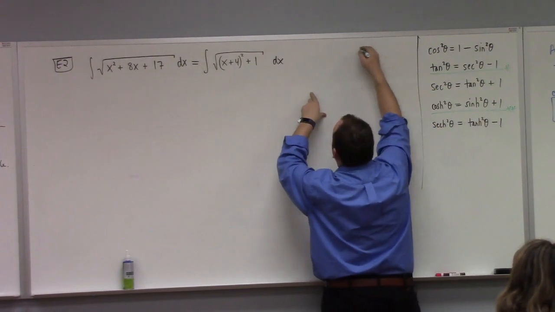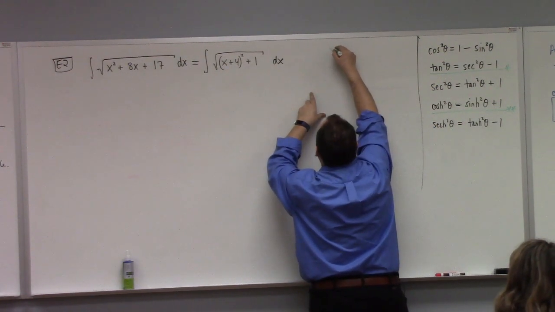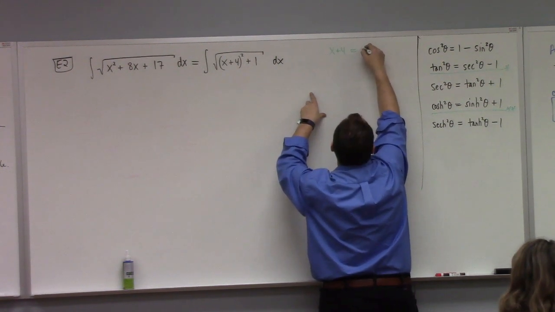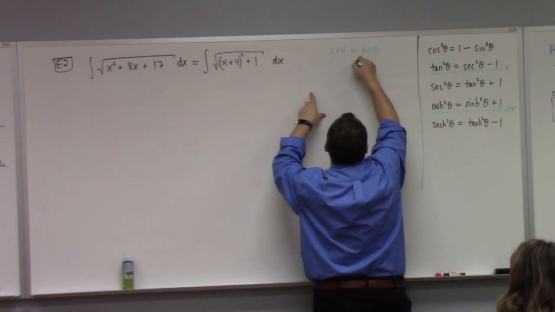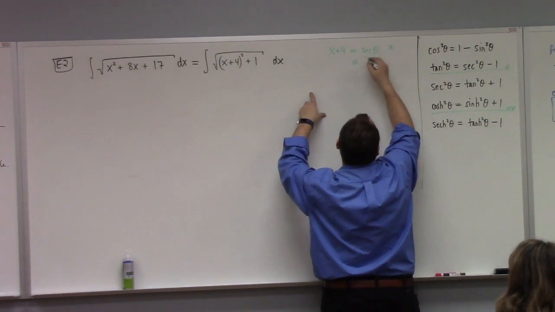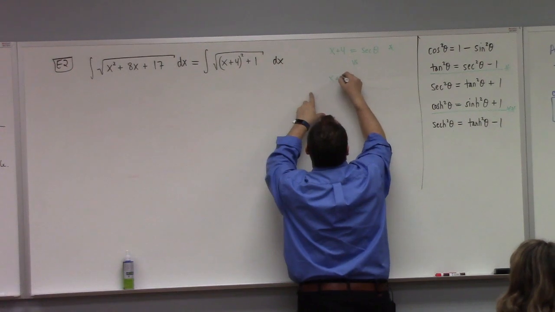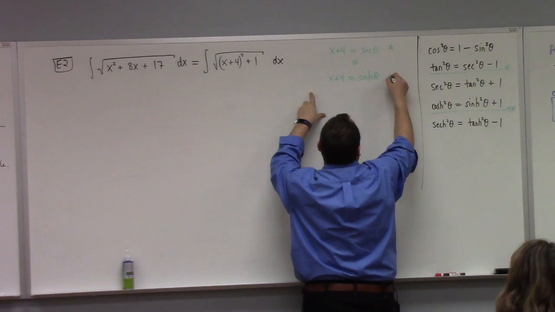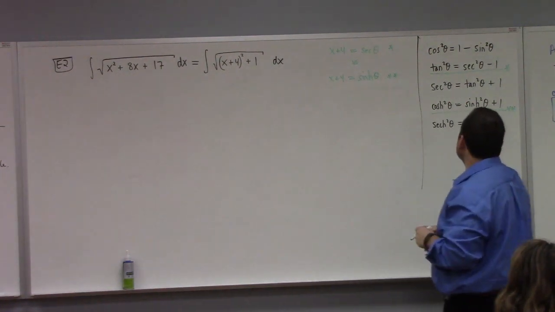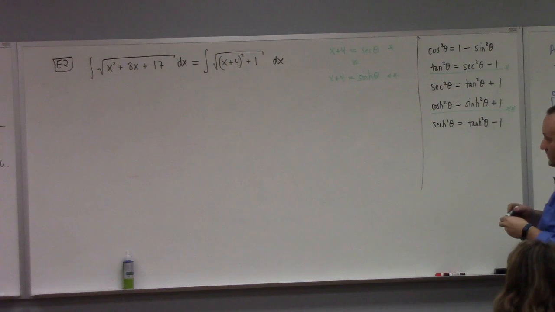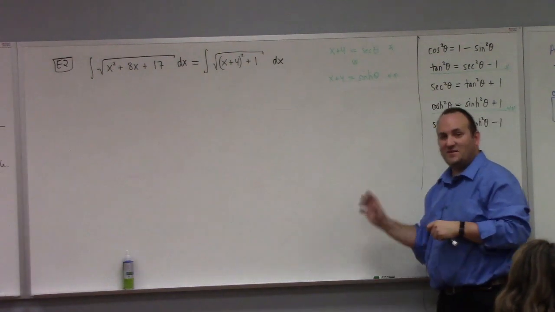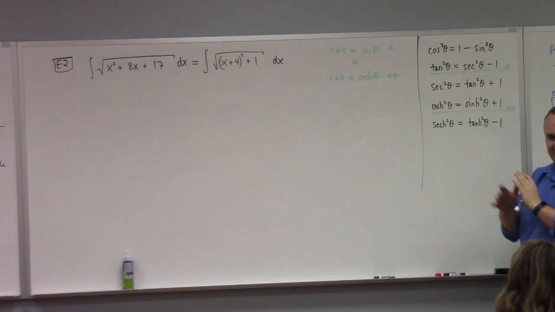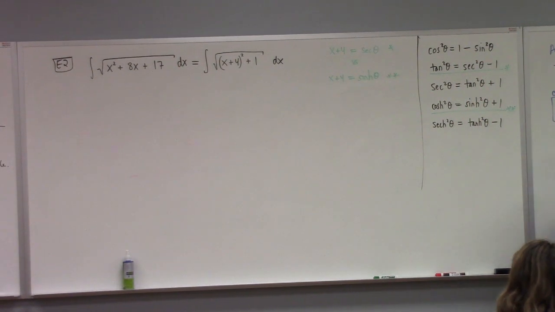So either we could think about x plus 4 equal to secant theta, that would be star, versus x plus 4 equal to the hyperbolic sine of theta. It would be tan, right? x plus 4 equals tan theta. No, because you're trying to make the sum of the squares become a square.